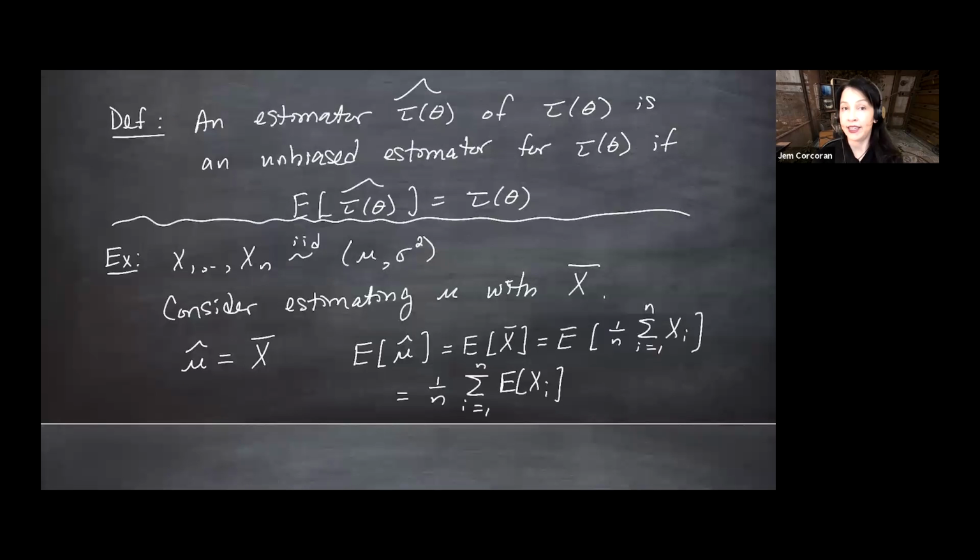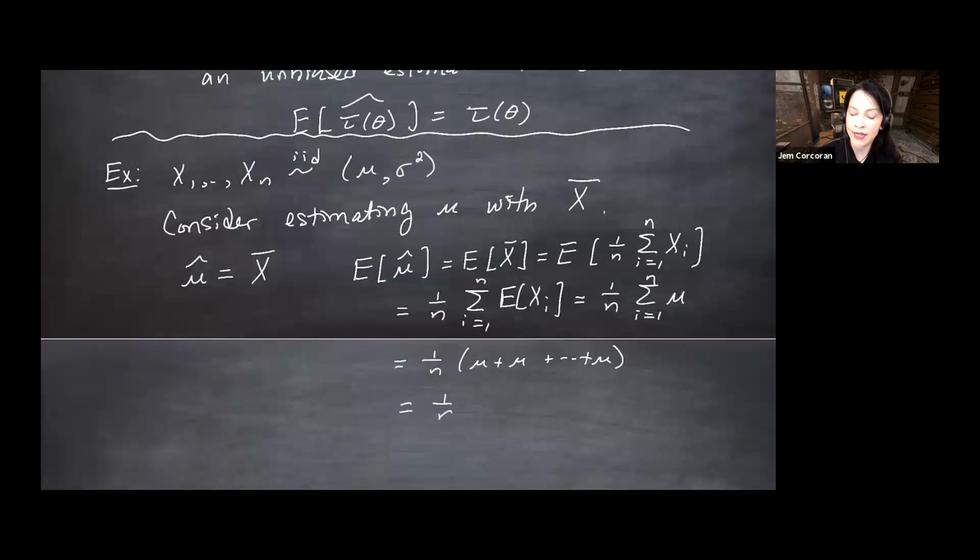Now they're IID, so they all have the same PDF and they all have the same mean and the same variance. So this is going to be 1 over n, the sum as i goes from 1 to n of mu. And that doesn't even depend on i. So that's a mu plus a mu plus a mu, n times. So 1 over n times n mu, and we get mu.